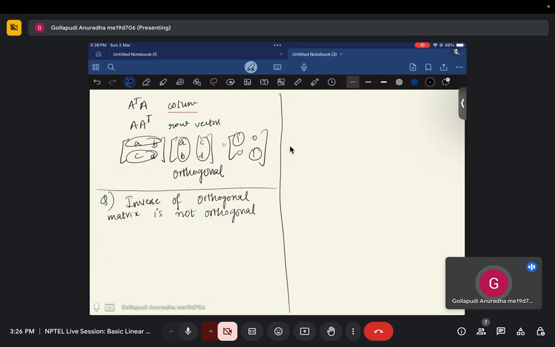So the next question, the statement is: the inverse of an orthogonal matrix is not orthogonal. Is that a true statement or a false statement? If it is true, why is it true? If it is false, why is it false, and what is the right statement?